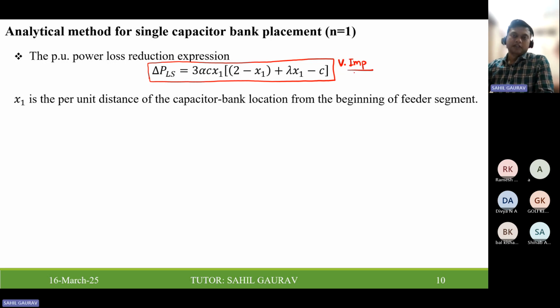Because in the problems, in the exam or in the assignment, many problems are based on this single capacitor bank placement, and no question is asked on double capacitor bank placement or n capacitor bank placement.